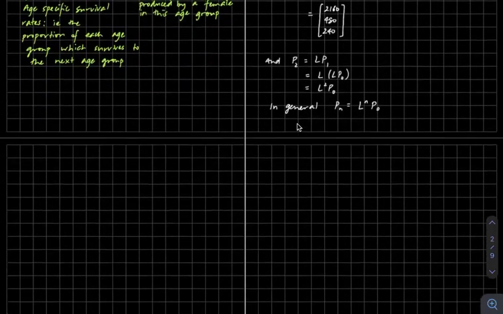So let's go down and analyze this for the first number of time periods. Using this, on your calculator just define the L matrix and the P matrix, and then keep multiplying this.